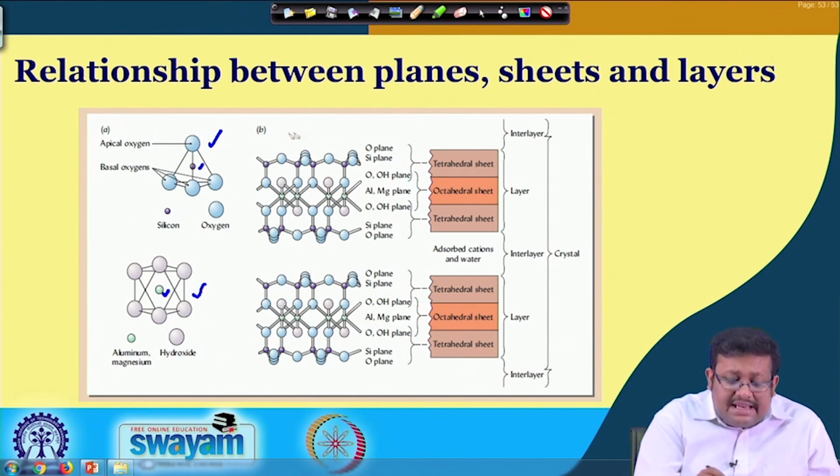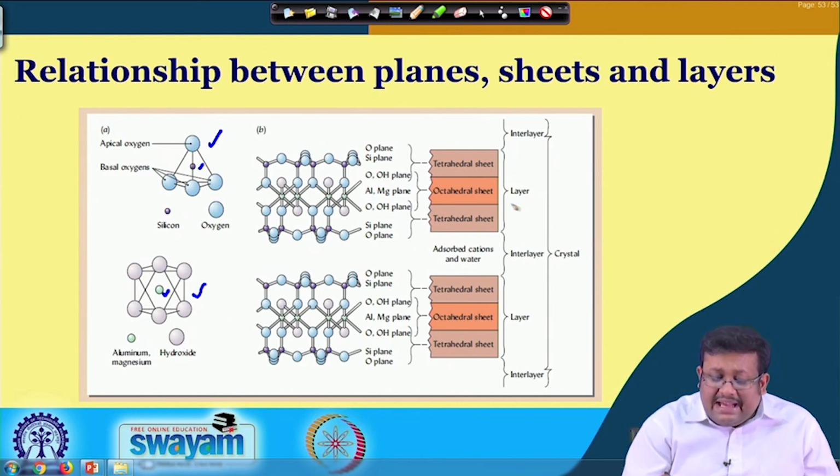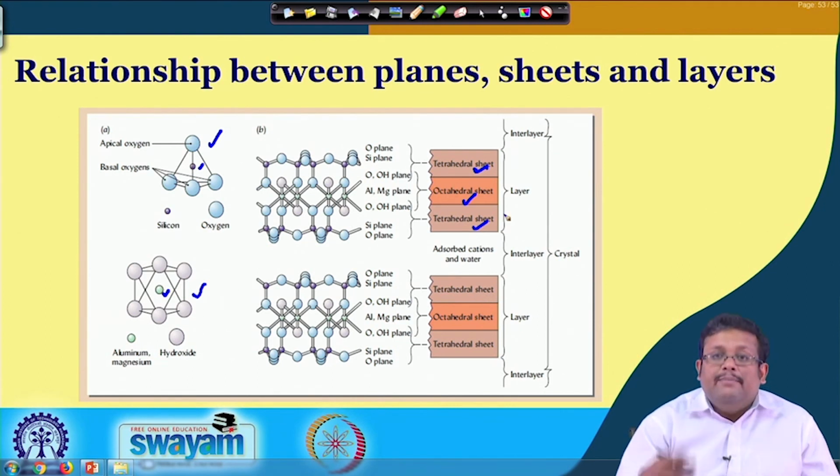Now, this is a unit cell structure or layer structure. In the layer, you can see it is a 2:1 type of mineral. So, obviously, one tetrahedral sheet, one octahedral sheet, and another tetrahedral sheet. The octahedral sheet is sandwiched between tetrahedral sheets, followed by another repeating unit. You know that inside a clay structure, these unit cells will repeat themselves to form a total clay crystal.